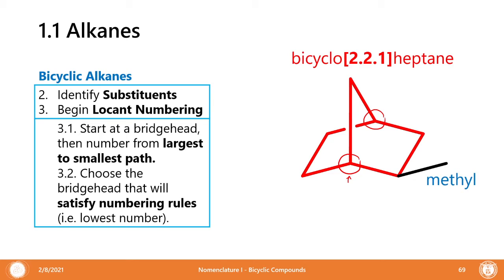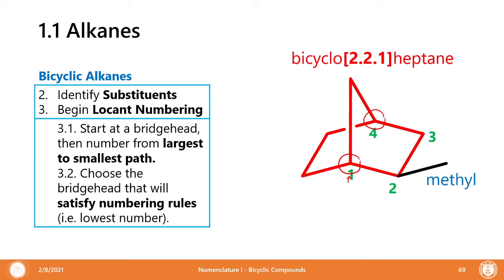Then what we do is we number from the largest to the smallest path. Always in bicyclic alkanes, largest to the smallest path. Start 1 there, followed by 2, 3, 4. So we have 2 paths to choose from. Actually, we have the path with 2 carbons here and the path with 2 carbons containing the substituent. We start going towards the direction with our substituent.